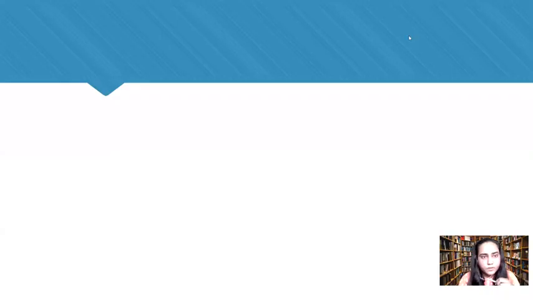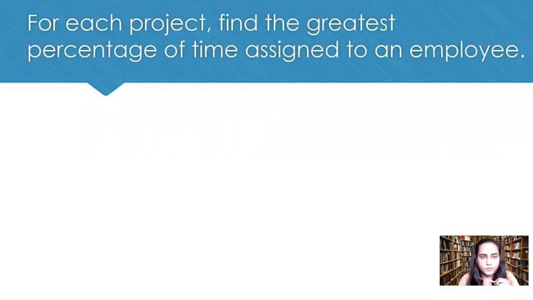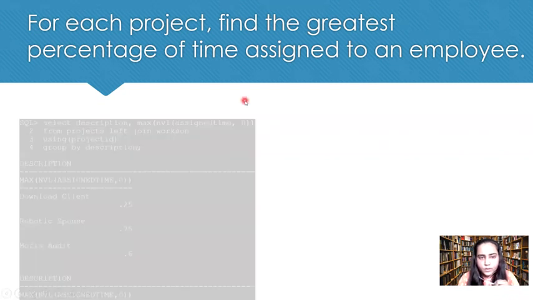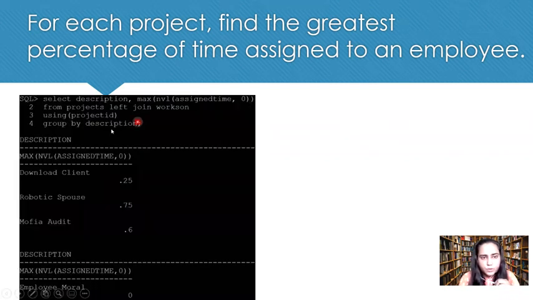Now the next query that we are going to do is, for each project, find the greatest percentage of time assigned to an employee. So this is again going to use that particular type of join which we saw earlier. And we are taking that join between projects and works on.